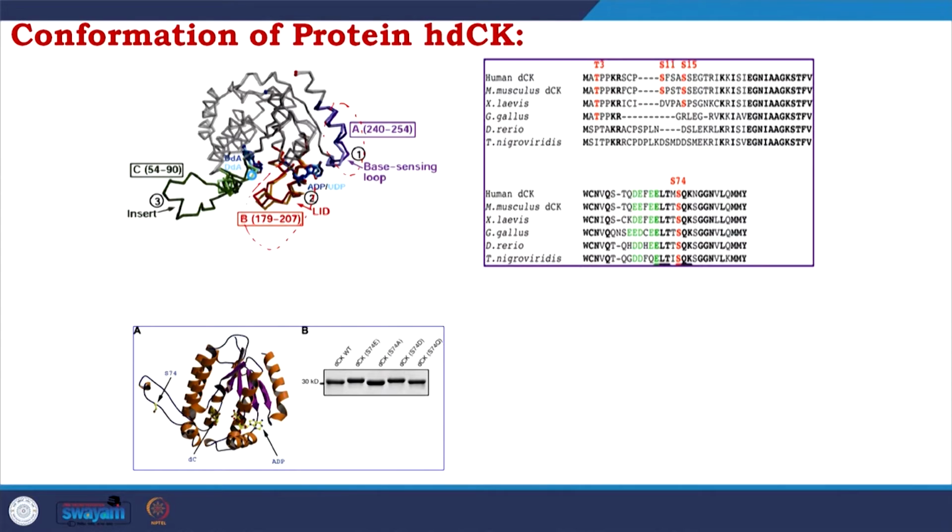At that time we didn't have programs available as servers, so I wrote a program and compared the sequences of different deoxycytidine kinases, and I found that at position 74 there is a serine that has a high chance to be phosphorylated.